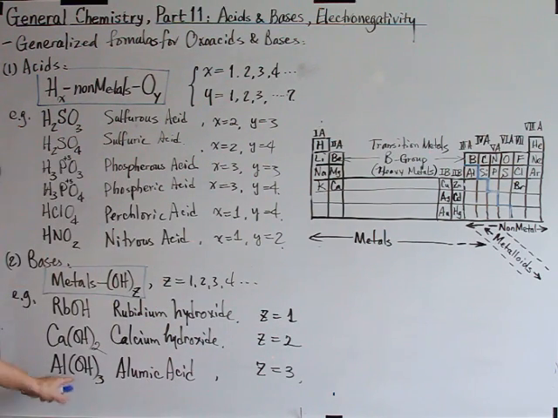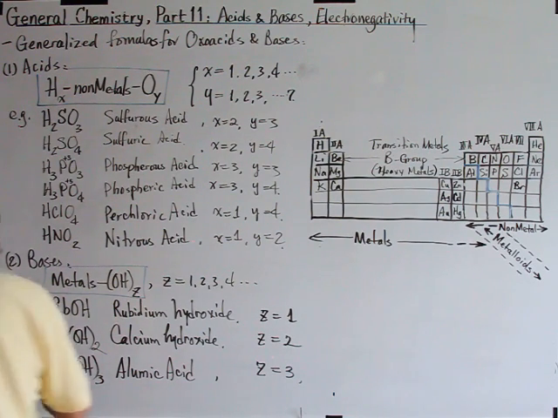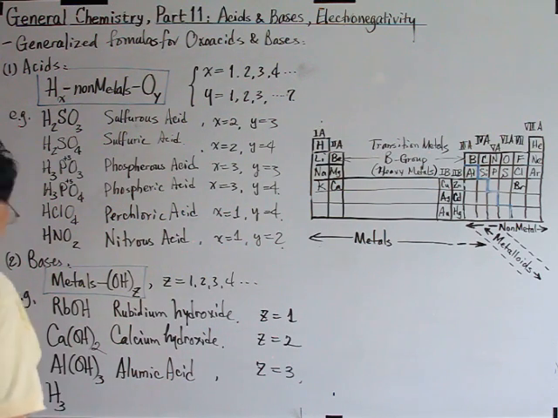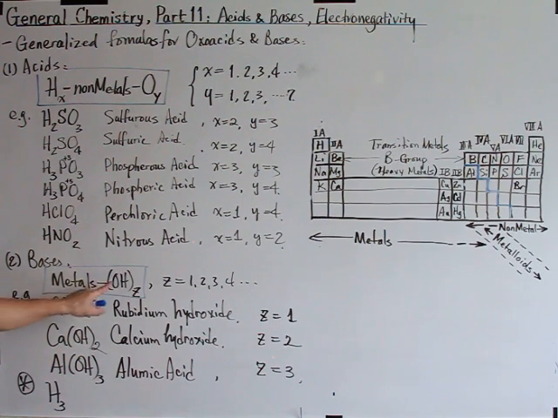It can be reorganized into a formula fitting the acid category. Let's see it. What about this? Put a 3H in front. Aluminum as a non-metal here, versus as a metal, because the definition for base is metal and OH.